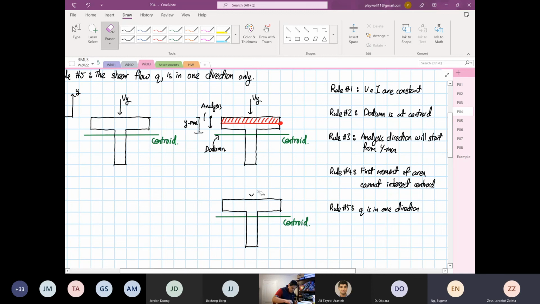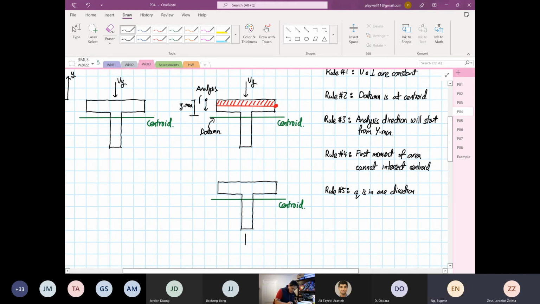What if Vy is here and the point of interest is still the same, the red dot? This is the point of interest. Now, the question is, which area do you consider?